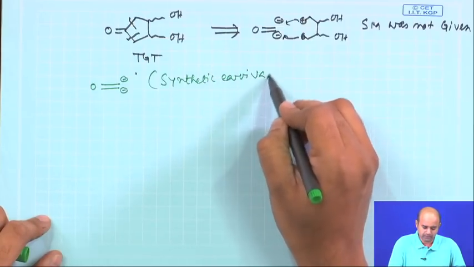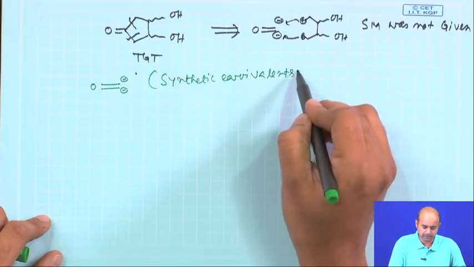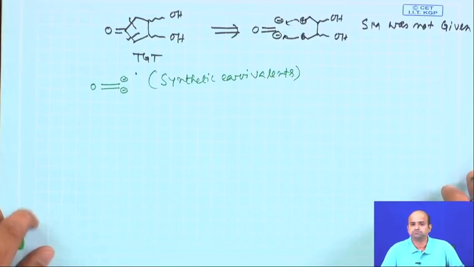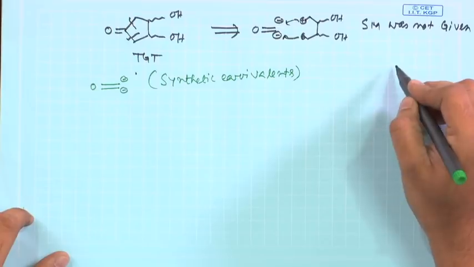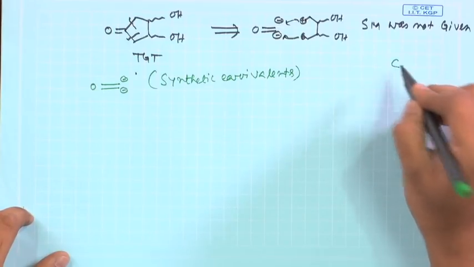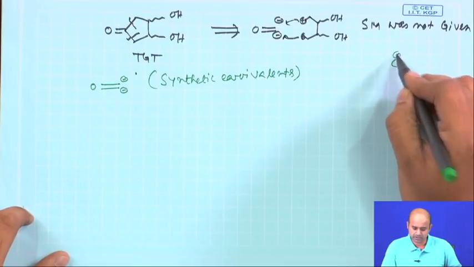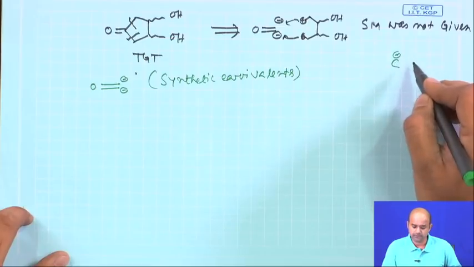This species we will be covering in detail when we talk about synthetic equivalents. Synthetic equivalents are basically charged, imaginary species which in reality may not exist, but you have to think about those species where the charge has been given, and in reality we all know that carbon negative charge seems to be the polarity has been reversed.